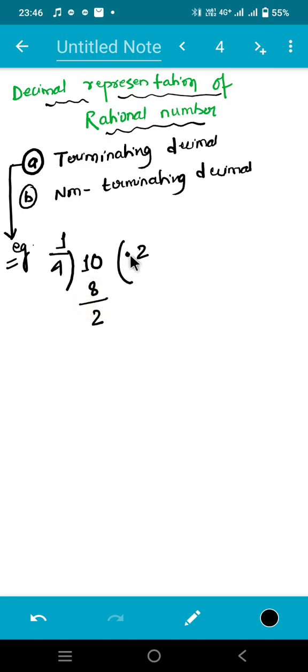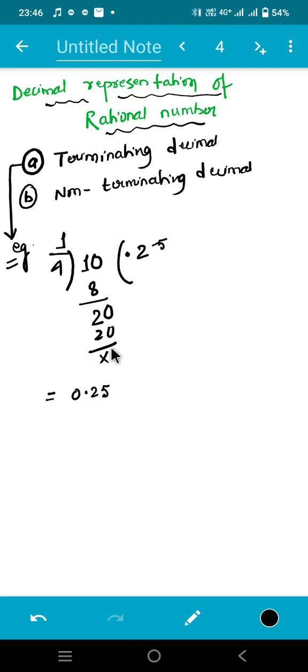Again, because of this decimal we can put 0 here, so 4 5s are 20, isn't it? So as you see, we are getting remainder as 0. So what is the answer? Answer is 0.25. So this is called a terminating decimal.